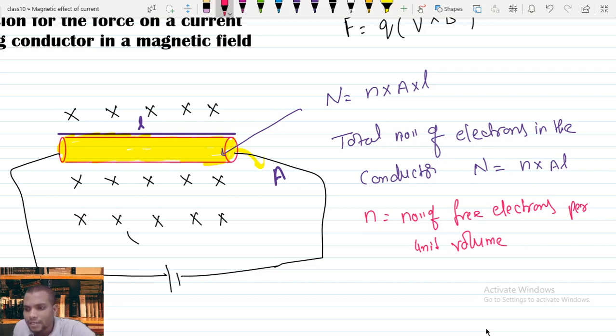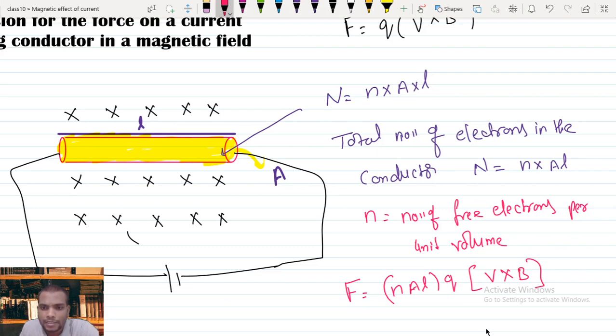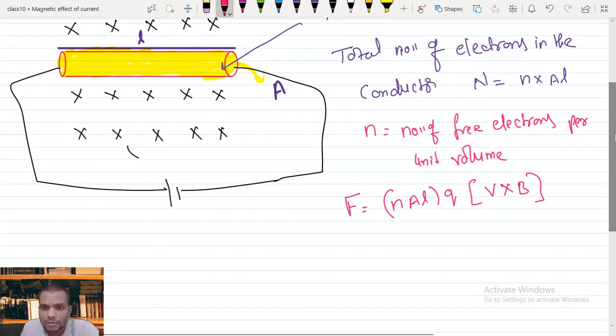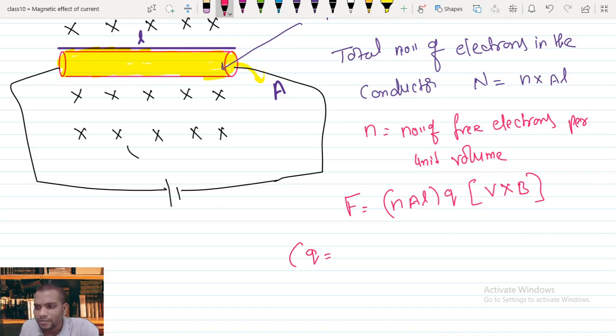Each charge you can write in terms of e or Q. So I can rewrite the expression: the force F equals n times A times L times Q, the charge, times V cross B. The above expression has changed here. We already know all the terms, but here Q, I did not take as the charge of the electron for a moment.